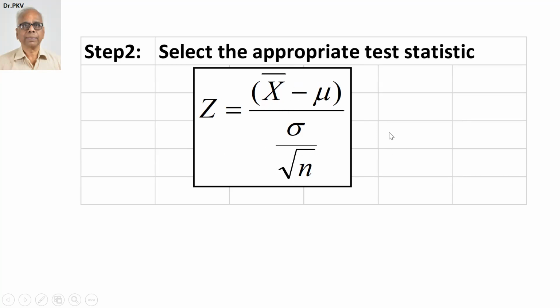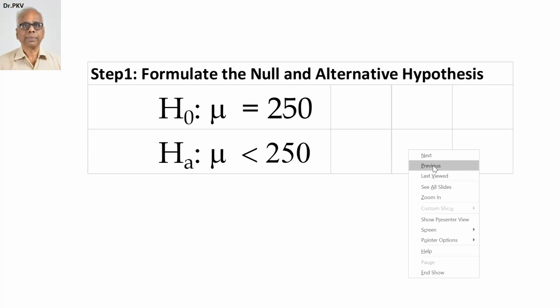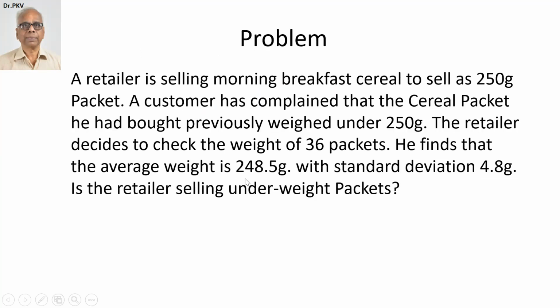Going back to the problem, the sample size n is equal to 36, and X bar is 248.5 grams. The sample standard deviation is given as 4.8 grams. Assuming it is a representative random sample, it is fairly adequate to say that the sample standard deviation can be approximated to represent the population standard deviation sigma.